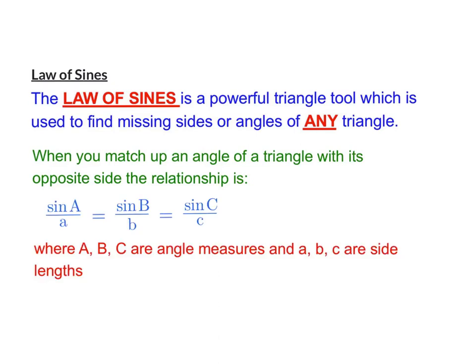But all this is saying is we're going to match up sine of the angle, and we're going to put it over its opposite side. Sine of another angle over its opposite side, and sine of the third angle over its opposite side. Now you may see this in other places with the sides on top and the sine of the angle on the bottom. So long as you're consistent, it doesn't matter. They're the same thing.